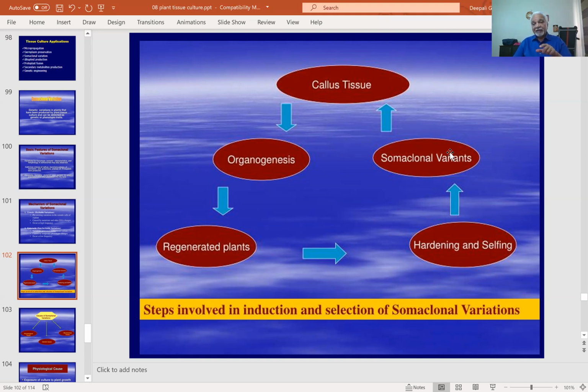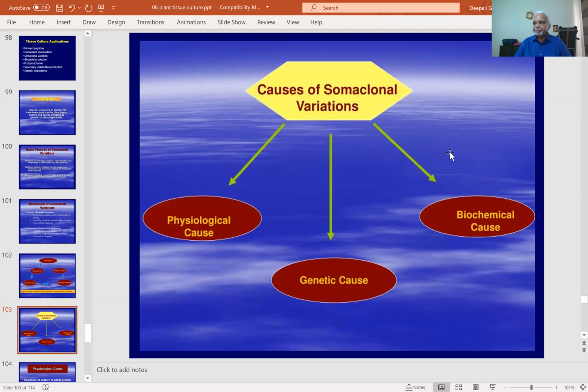But selection of that variation is very, very important; we should be able to select that variation. Now, what are the causes? It can be a physiological cause, genetic cause, or biochemical cause, which are responsible for somaclonal variations. So let us look at them one by one.